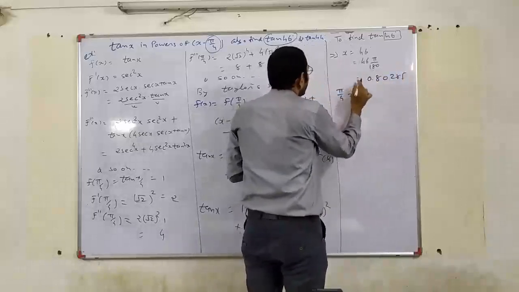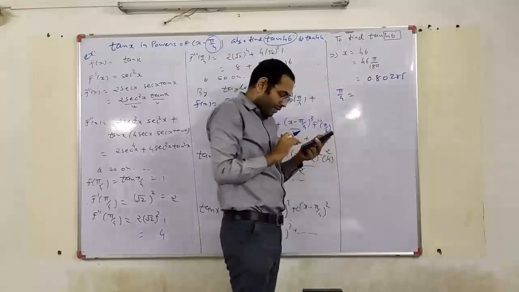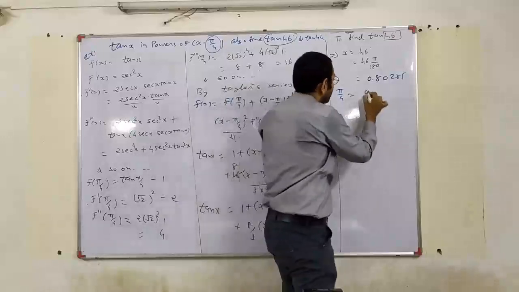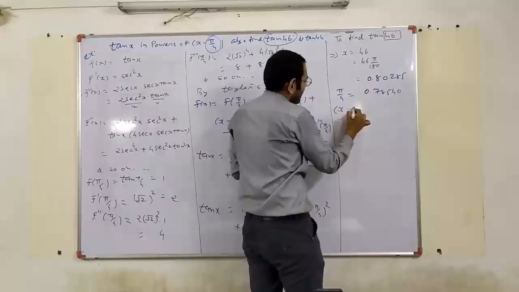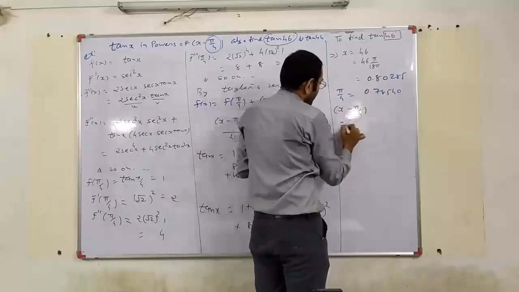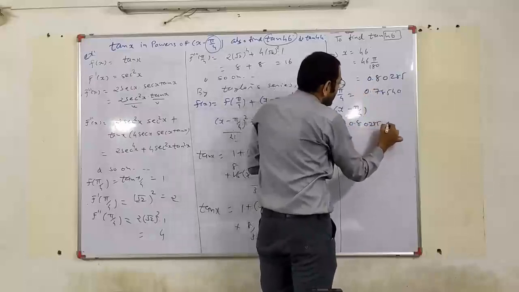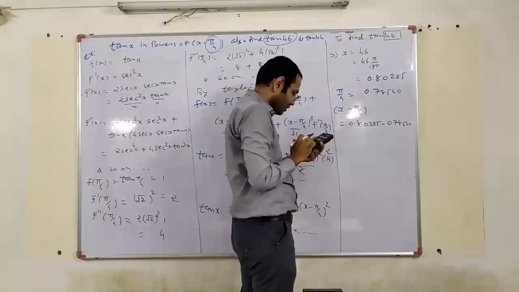And we have pi by 4, which is 0.78540. Then we replace x minus pi by 4, means the value of x, that is 0.80285 minus 0.78540. Then subtract these terms.